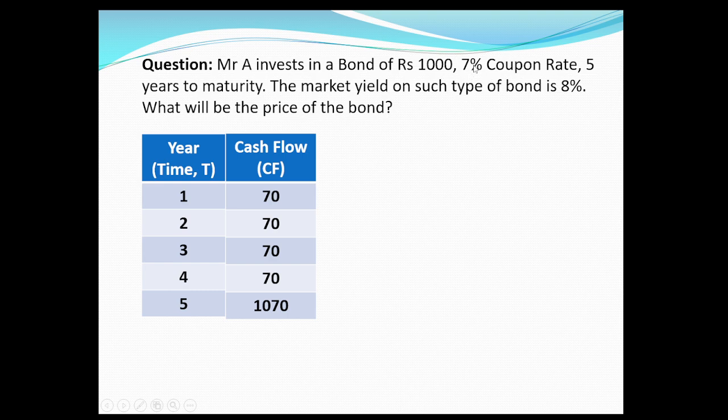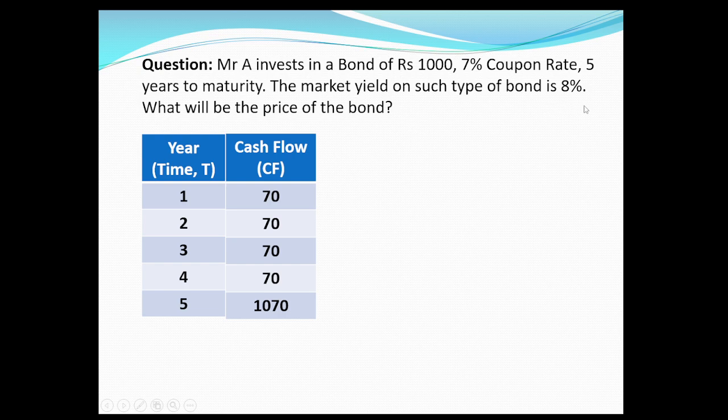So 1000 into 7% is 70 rupees in the first year, 70 rupees second year, 70 rupees interest in the third year, 70 rupees interest in the fourth year, and in the fifth year I will receive 1070 rupees. Why? Because on maturity I will get 1000 as the principal amount on redemption, as well as 70 rupees as interest. So in the fifth year I will get 1070 rupees.